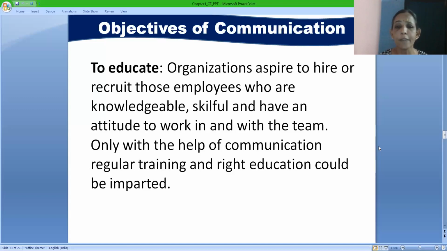So this platform is helping you to educate yourself, to understand the importance of communication. In our day-to-day life, in order to educate, to learn, and to explore new things, communication plays a very key and important role.